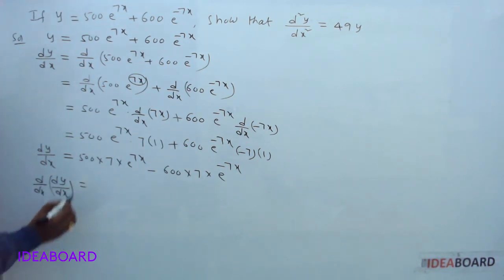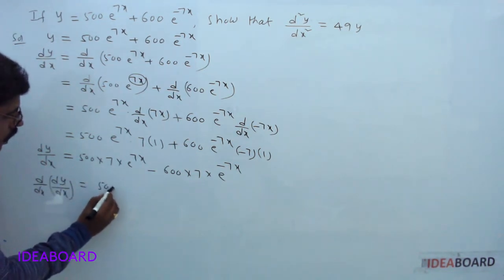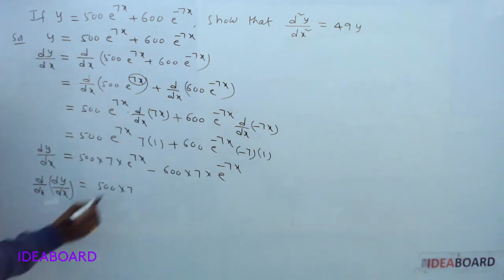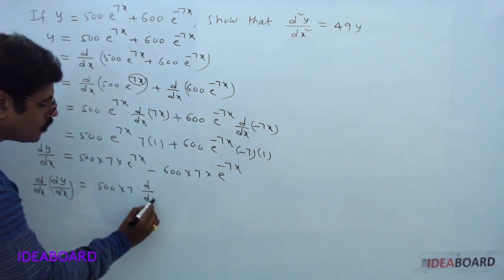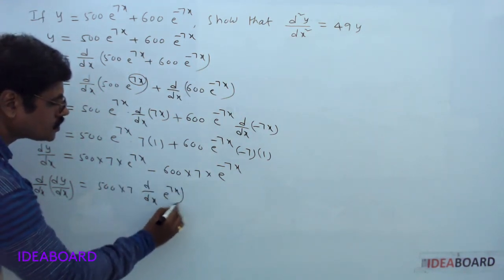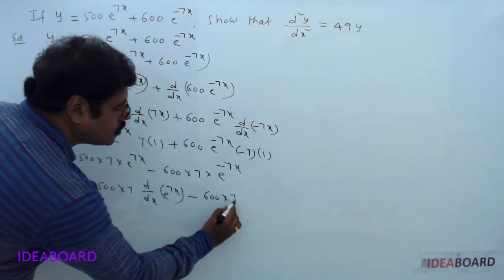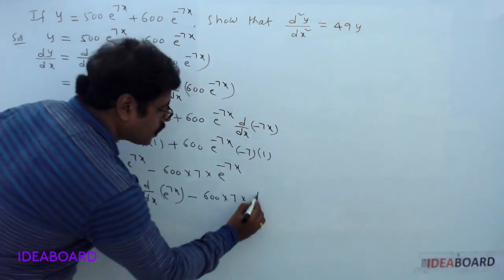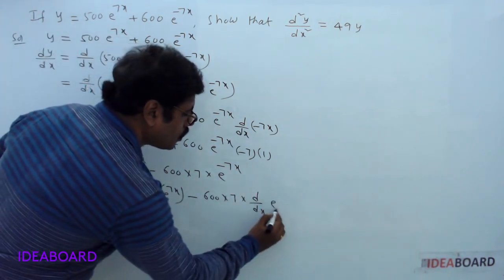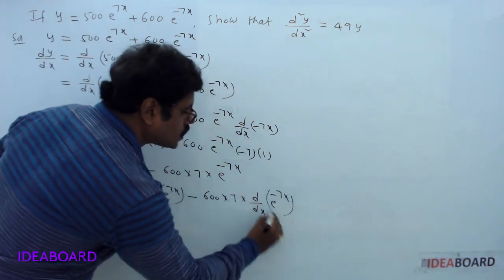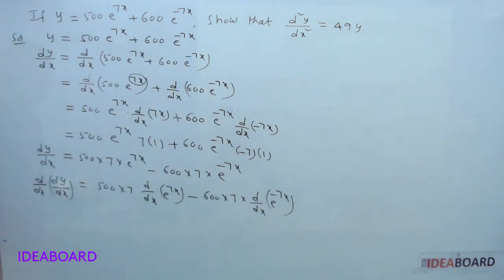This equals 500 into 7 into derivative of e^(7x) minus 600 into 7 into derivative of e^(−7x).